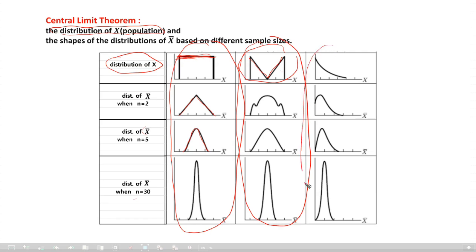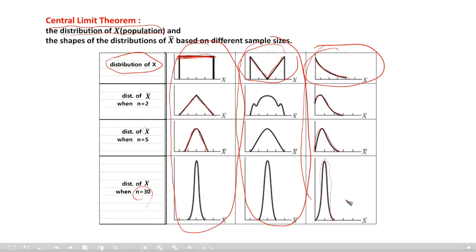When the population distribution is like this, then with n equal to 2 the distribution of x bar is like this, and n equal to 5 like this. What is this? Skewed to the right, a little skewed to the right. When n equal to 30, the distribution of x bar is almost normal in all three cases.